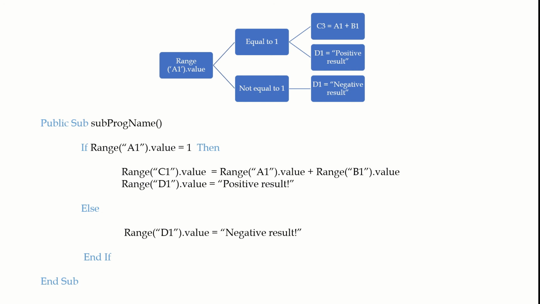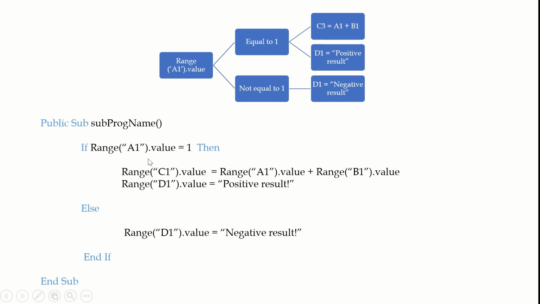So we are going to say public sub. The subprogram name can be anything. You can name it anything you want, and you have the general structure of the subprogram here, and then encapsulated in the middle, like in the previous example, we have the if statement, and the condition clause checks if the range A1 value is equal to 1.